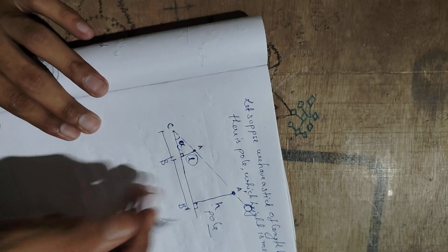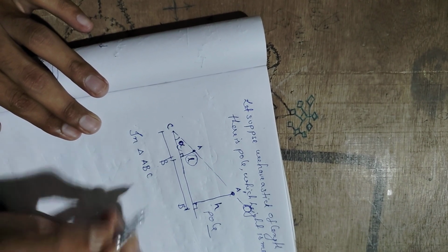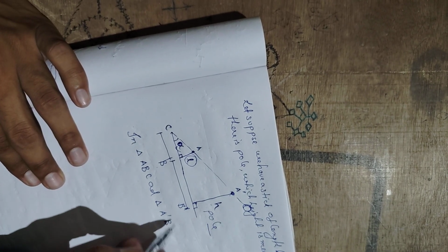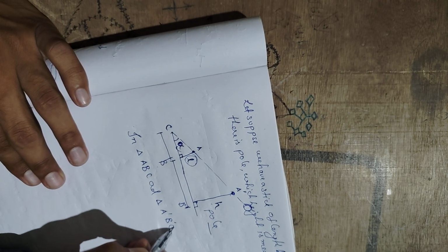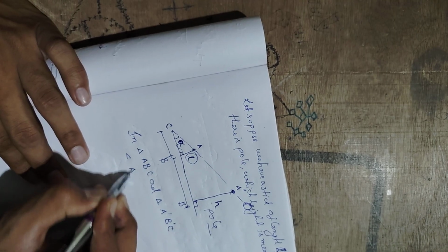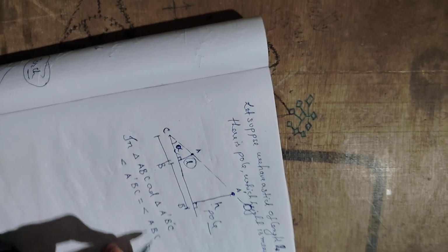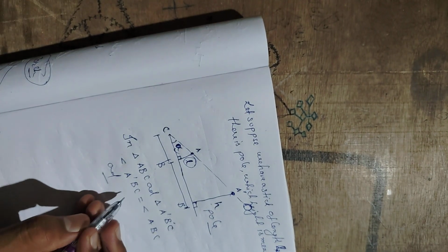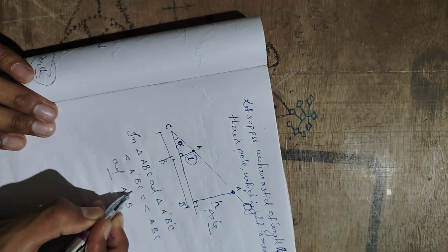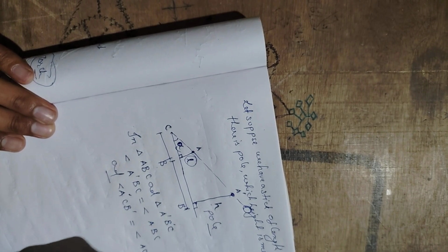Let's suppose that is alpha. In triangle ABC and triangle A dash B dash C, angle A dash B dash C is equal to angle ABC, and angle A dash C B dash is equal to angle ACB.